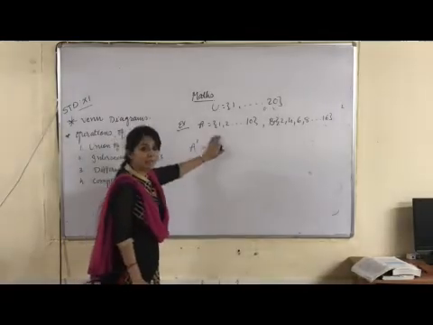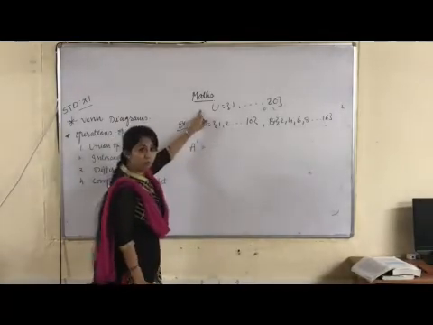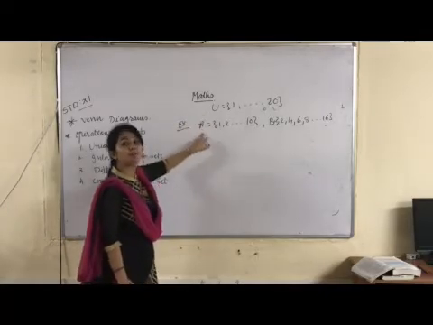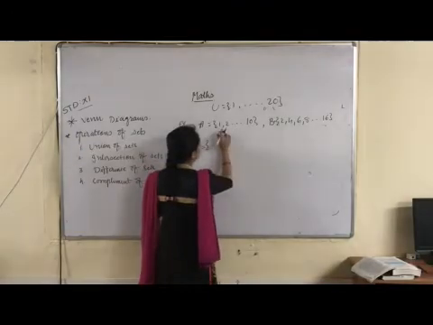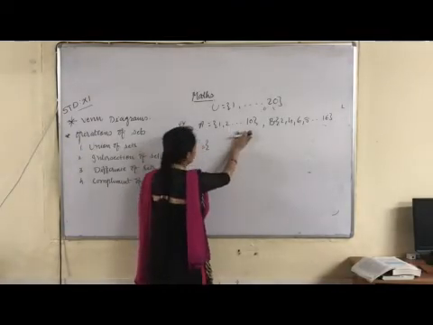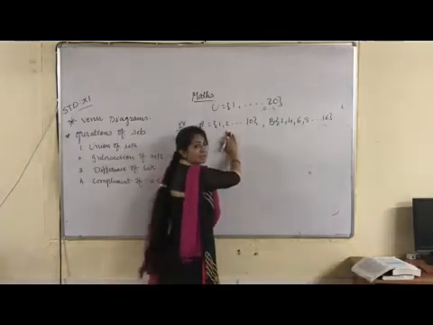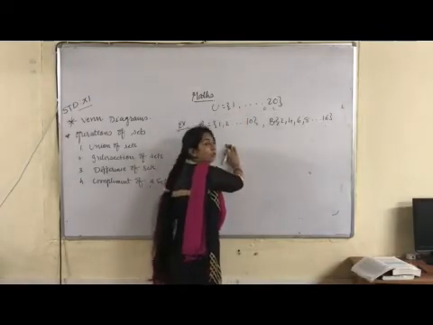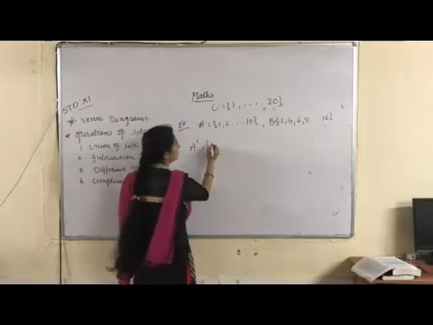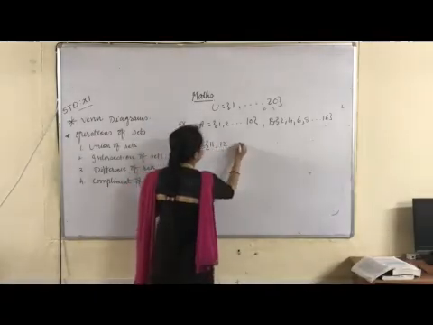The elements from set U which are not belonging to set A. So A dash will be: 1 to 10 are in set A, so apart from set A, whichever elements are there in set U, all those elements I will include in my set A dash. So it will be 11, 12 up to 20.